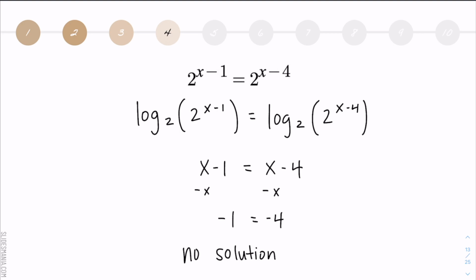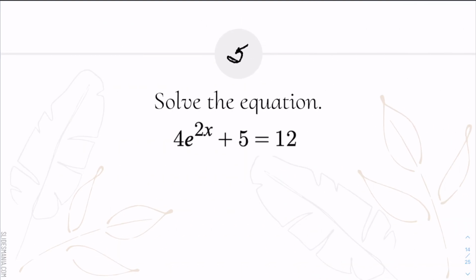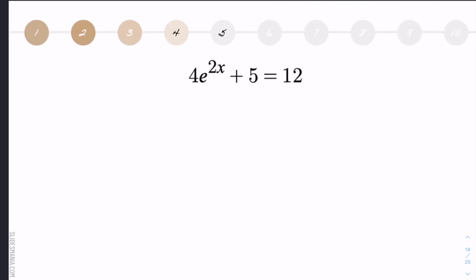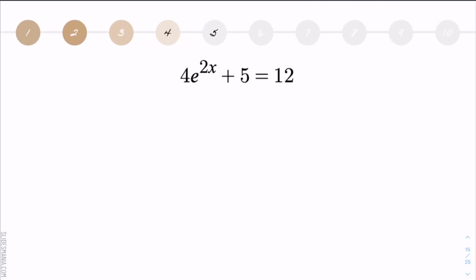All right, let's look at our next one. Okay, here we have an equation. It's an exponential equation. We have a base of e. So let's see how to start this. We have our exponential here. We have our exponent here.